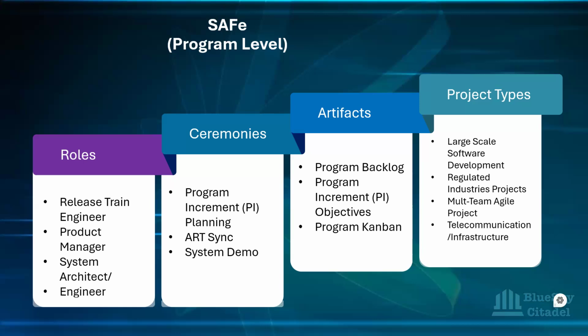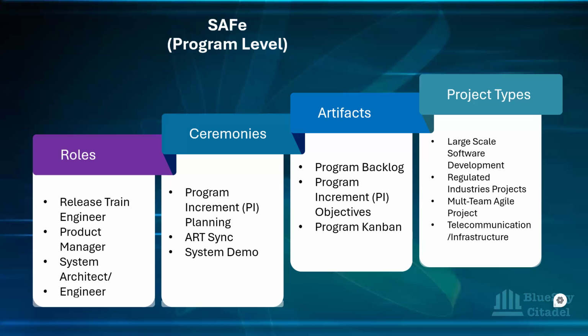So quickly, we want to look at the artifacts. The first artifact we know is the program backlog, where the requirements for that particular program increment have been put. That's the one that needs to be synced by the PO and the product manager together.